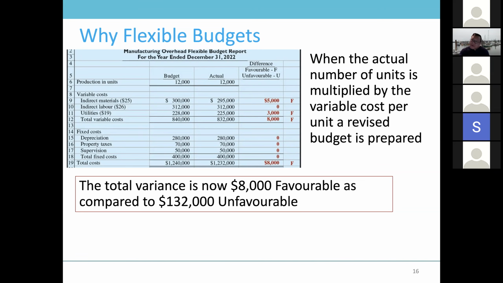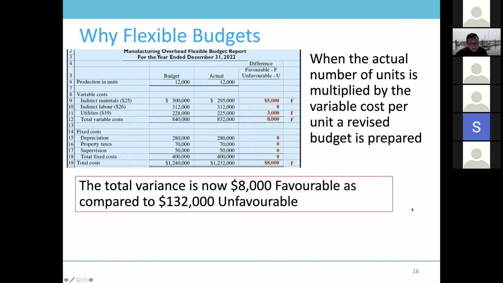If you produce 2,000 units more, your cost is going to increase by 140,000. That's why if you compare 12,000 versus 10,000, you see that difference. The difference is 8,000 minus 140,000, so that will be 132,000 unfavorable. Good job, Ruben.